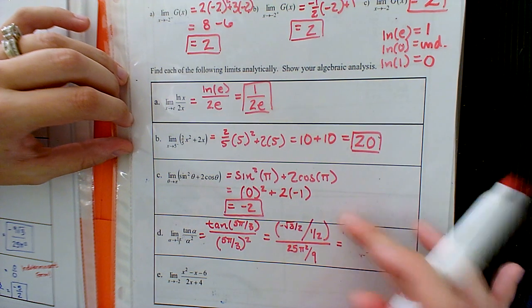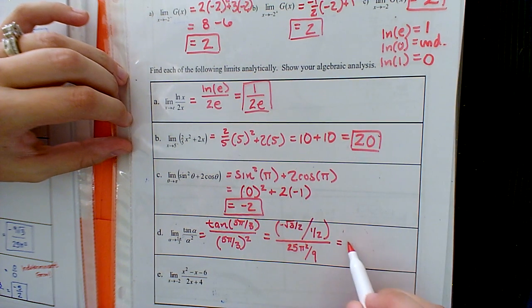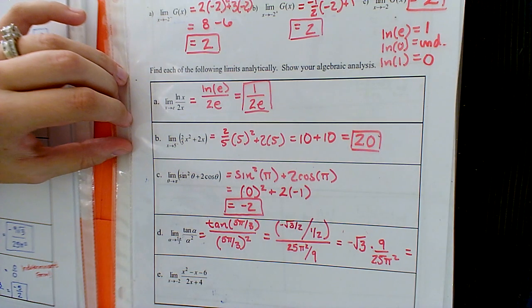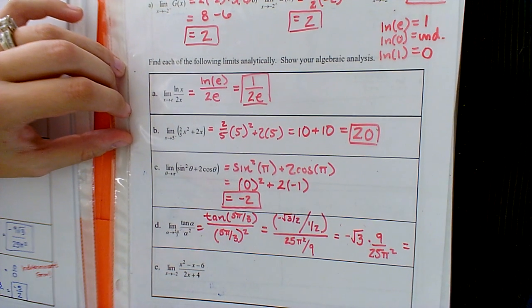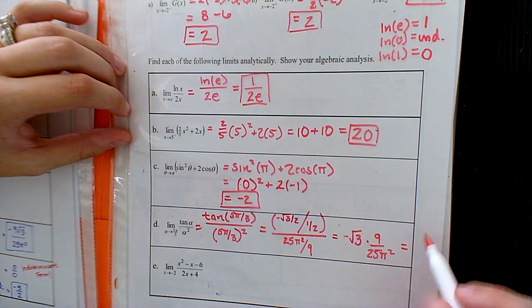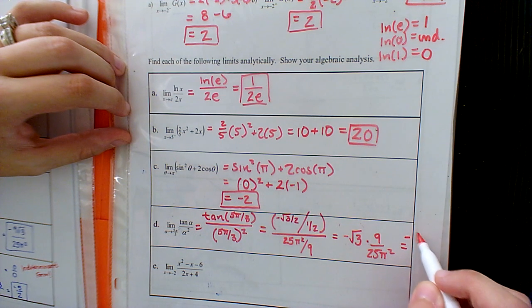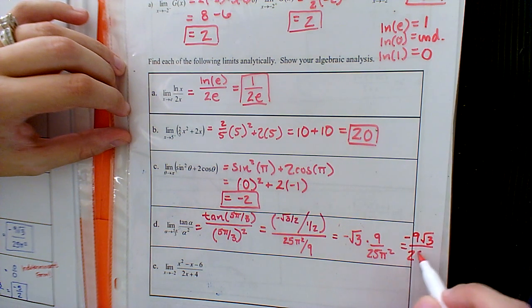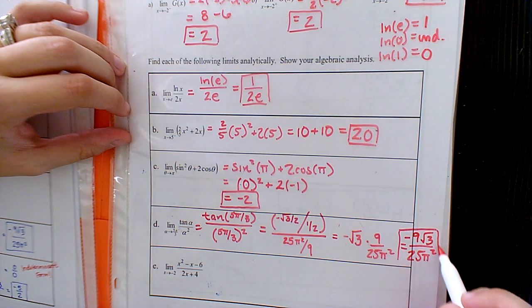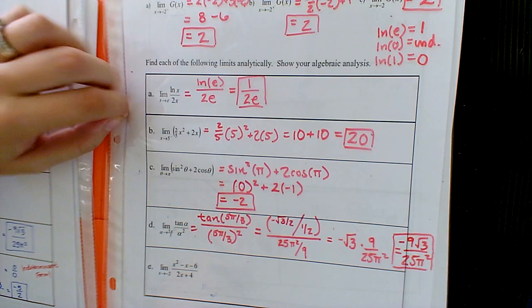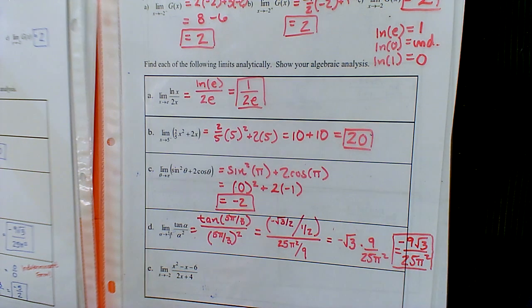We might have to do a little bit more. So instead of dividing by a fraction, let's multiply by the reciprocal. It doesn't really look like anything's going to cancel out or simplify for us. So we can just say negative 9 square roots of 3 over 25 pi squared. Very weird answer, but again, it's representing a height.